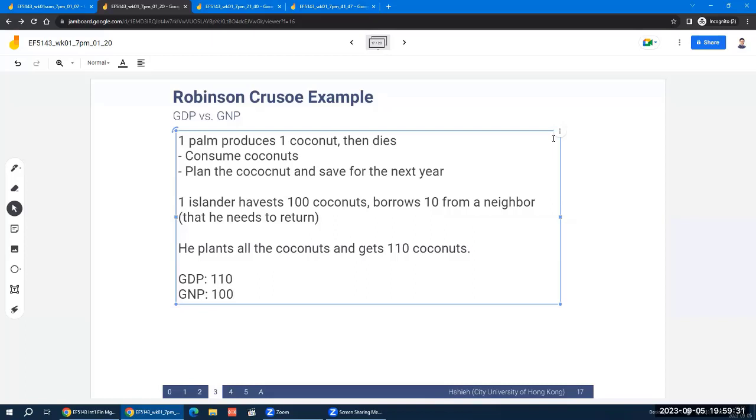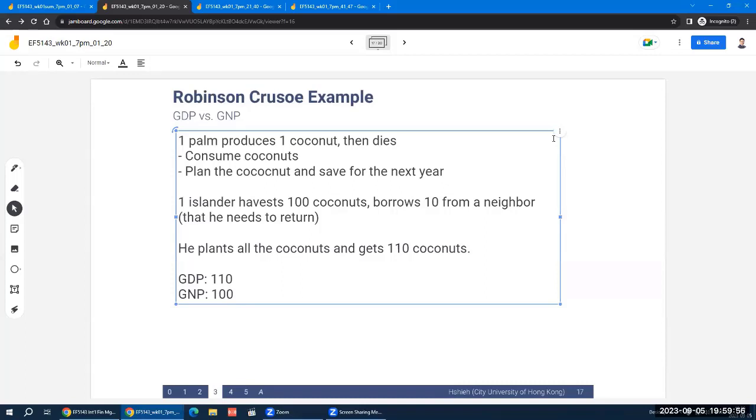All right, so let me explain. How is GDP defined? In this case, GDP is defined by the boundaries of the island. As long as any coconuts are being produced within the island, that's how much GDP is. So in this case, GDP is 110. However, there's only one resident, and part of the coconuts he produces has to be returned.